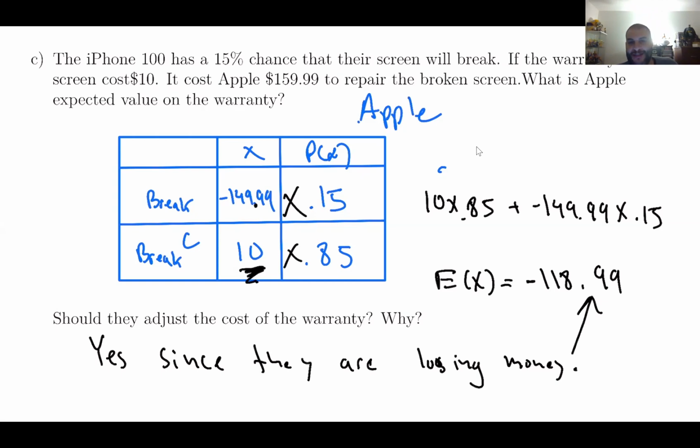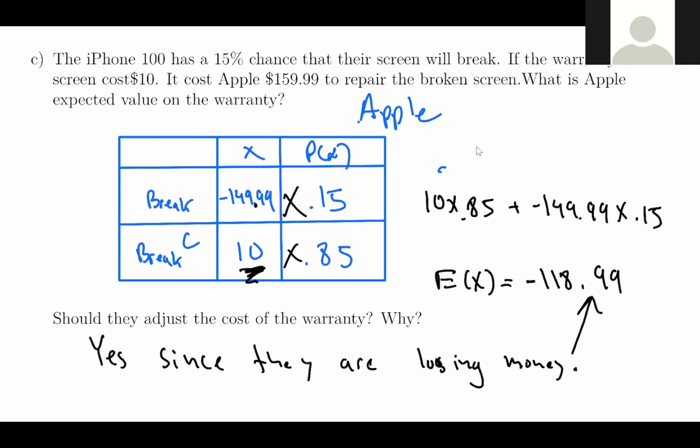So if they want to adjust it, they could charge more for their warranty, or they could try to get the price of the repair to get lower, or they could just make a cell phone that doesn't break its screen. But the easiest solution for them is to just raise the warranty. So instead of charging $10, they might want to charge like $50 or $100.